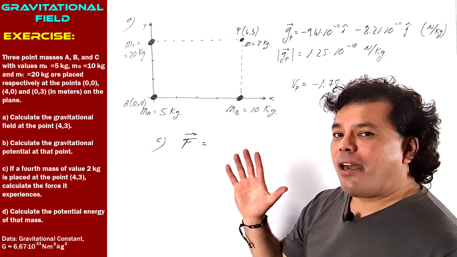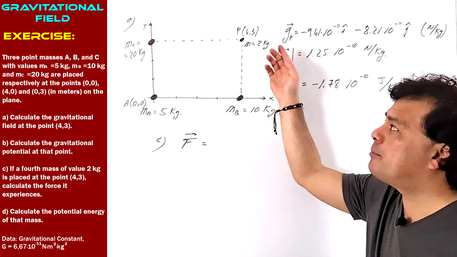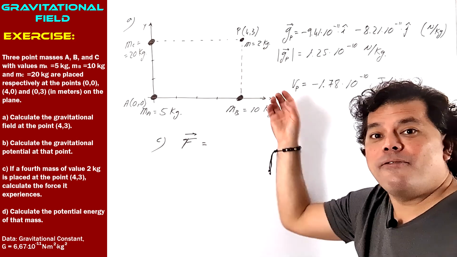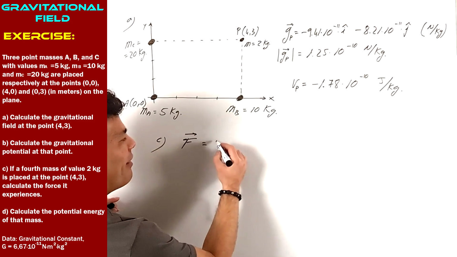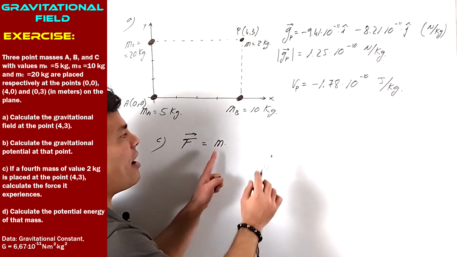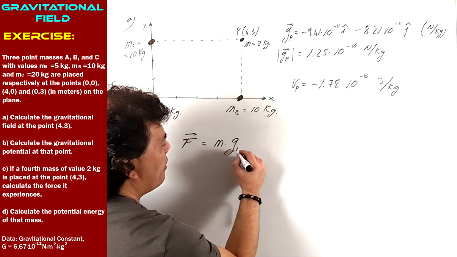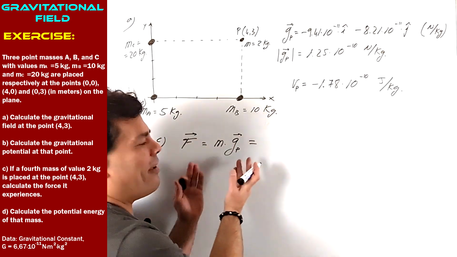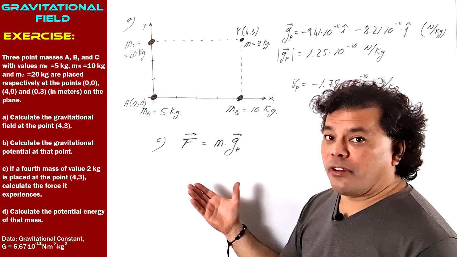But as we have already calculated the gravitational field at point P, it will be very easy, because we only have to multiply our testing mass, our 2 kilograms mass, by the gravitational field at point P, and that's it. So please don't forget what I'm telling you.